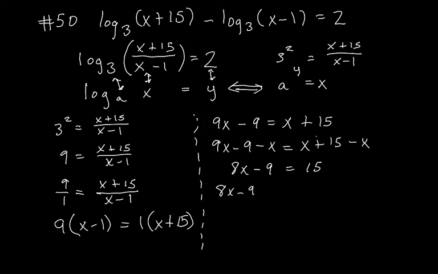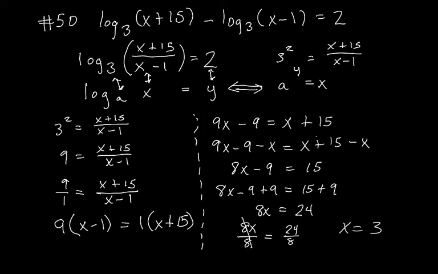So to get rid of that 9 on the left, we have to add 9 to both sides, leaving an 8x, and then 15 plus 9 is 24. Finally, if we divide both sides by 8, we have that cancellation property, so x is 3.